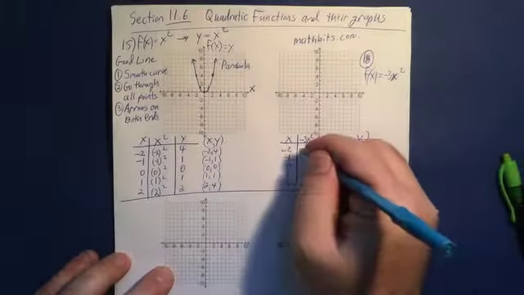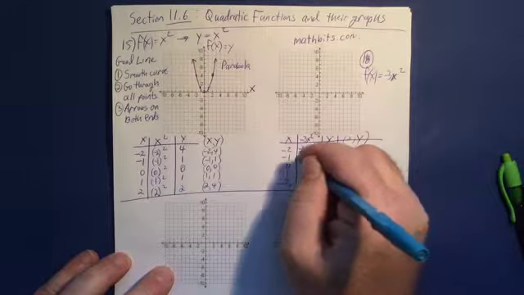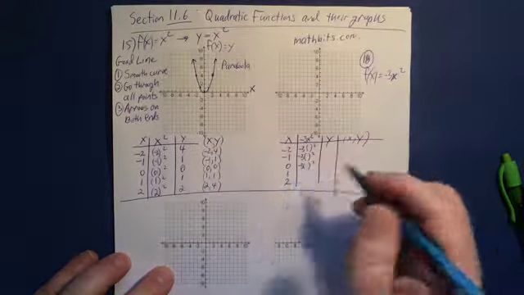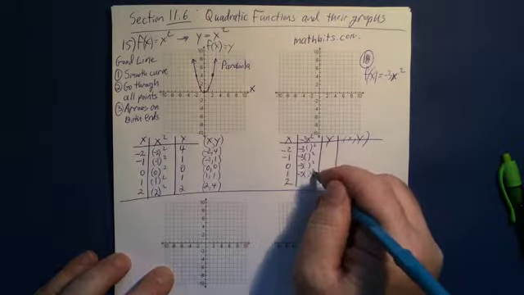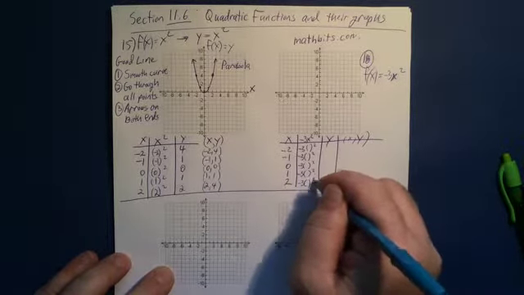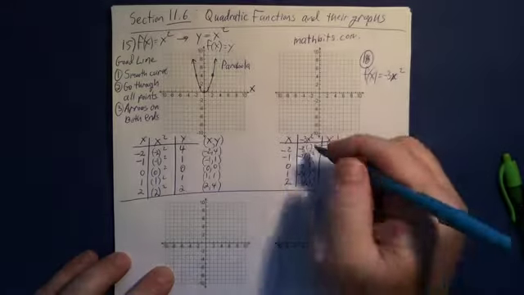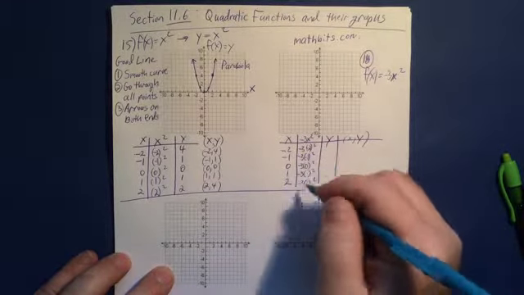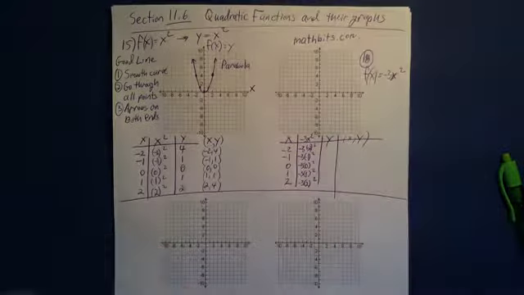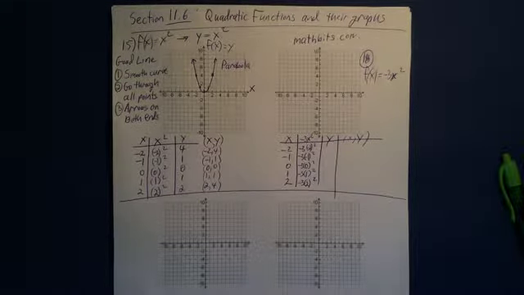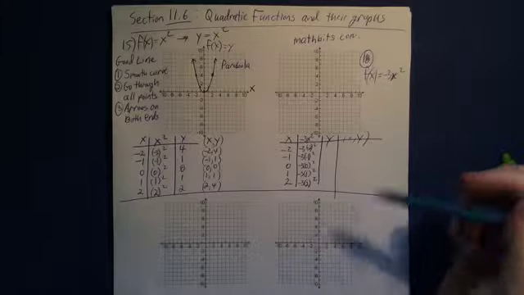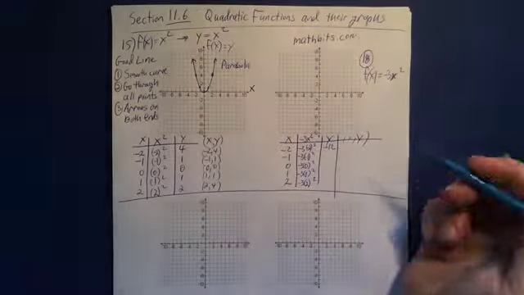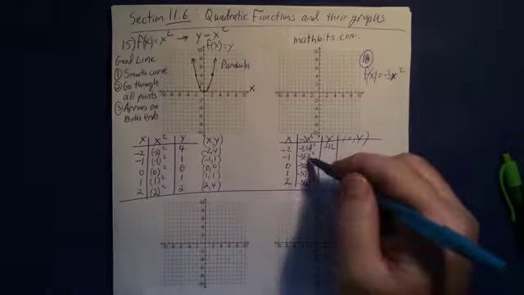So I'm going to take negative 3 times blank squared for all the different values of x I'm going to put into here: negative 2, negative 1, 0, 1, and 2. When I take negative 2 squared, I get 4. Then times negative 3, that'd be negative 12. So we're going to be going down a little bit.